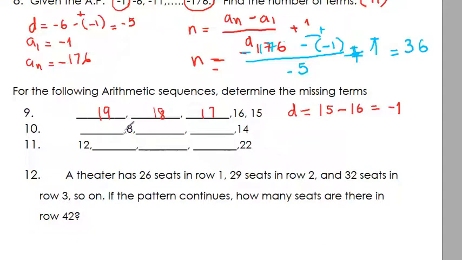Let's do number 10. Any question about number 9? Alright, you got it? Very good. Okay, number 10. How many terms are in the sequence in number 10? 1, 2, 3, 4, 5. 5 terms in the sequence.